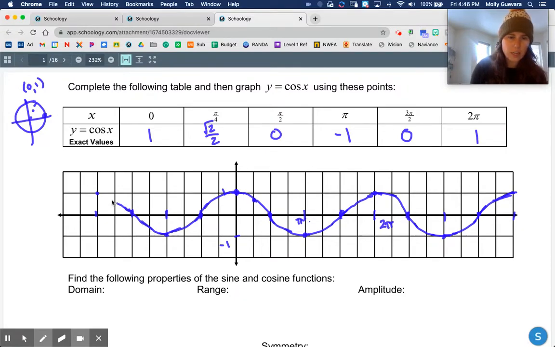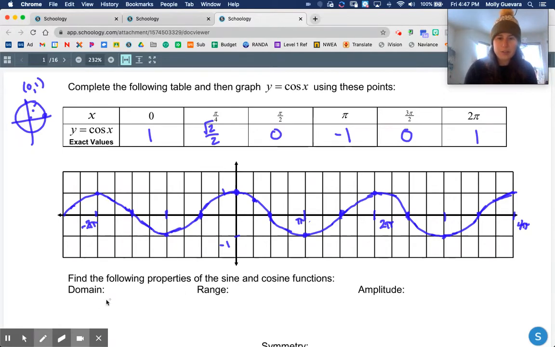Something like that, where this would be 4 pi, and here's -2 pi. So again, here you can see why the domain of cosine is all real numbers, and why the range of cosine is -1 to 1, same as sine.